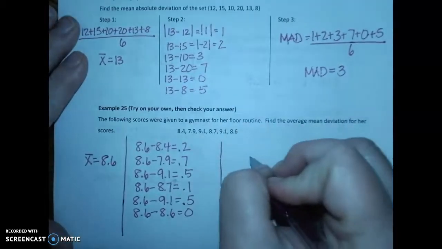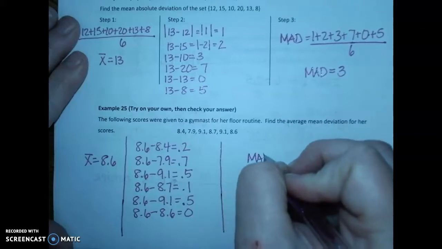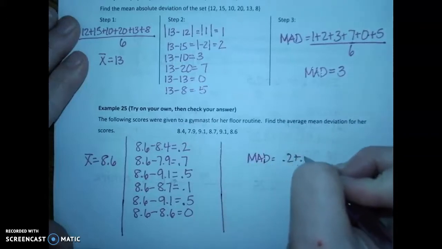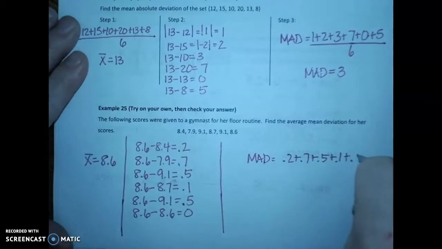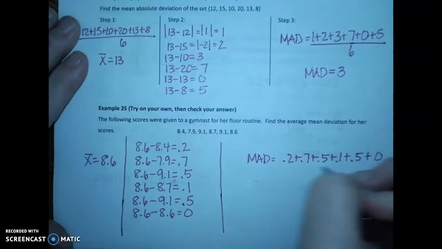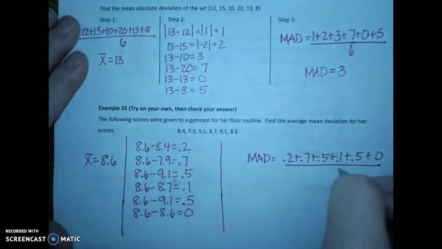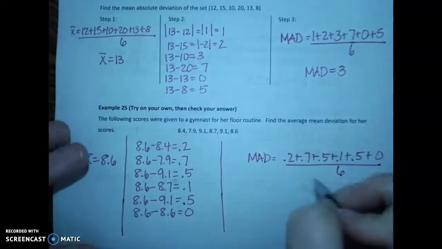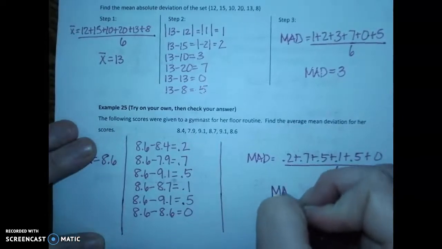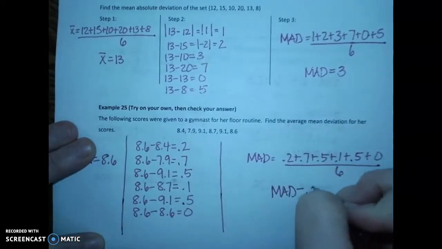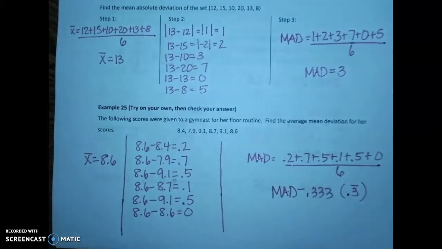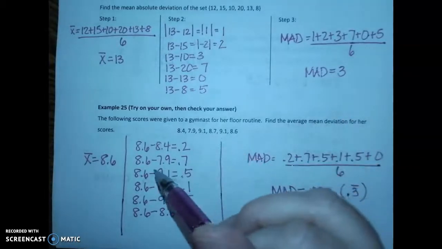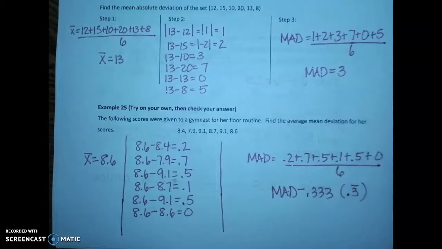So I'm going to take each distance to find my MAD. 0.2 plus 0.7 plus 0.5 plus 0.1 plus 0.5 plus 0 divided by, there's still 6 numbers, divided by 6 will give me a MAD of 0.333, or you could have written it 0.3 because it's going to keep going. So the average distance each of these scores are from the mean is 0.333 repeating.